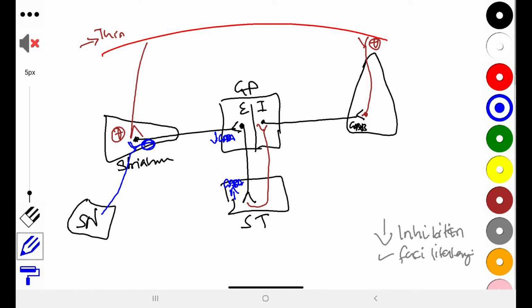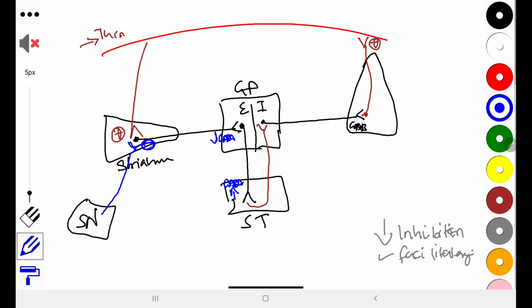The subthalamus, let me start again. So you have an inhibition happening here. It means that there will be less GABA released in the GPE. And once there is less GABA there, it means now you are not inhibiting the pallidosubthalamus tract as much.